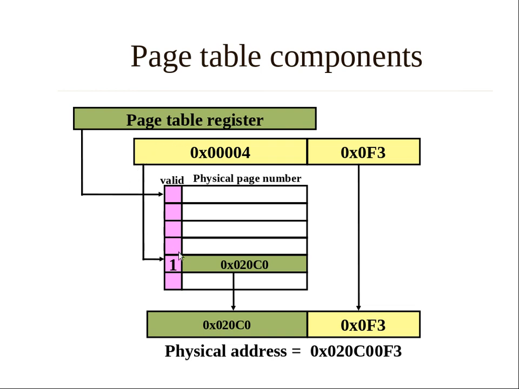This value is going to be indexed into the page table, and currently your 4 is allocated at physical address 020C, so we're going to copy that down here, and now the physical address of the piece of memory you want is located right here. That is how the translation is done, similar to the caching system. Again, if this is confusing, please review the cache system before you look at this.